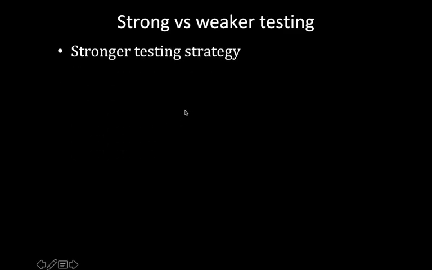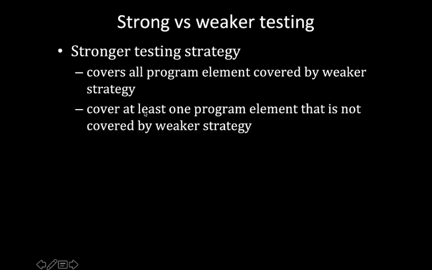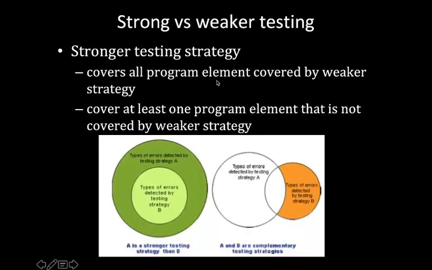A stronger testing strategy covers all program elements covered by the weaker strategy, and additionally covers at least one program element that is not covered by the weaker strategy. Then we can call it a stronger testing strategy.